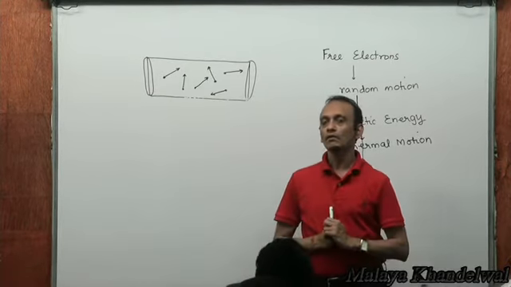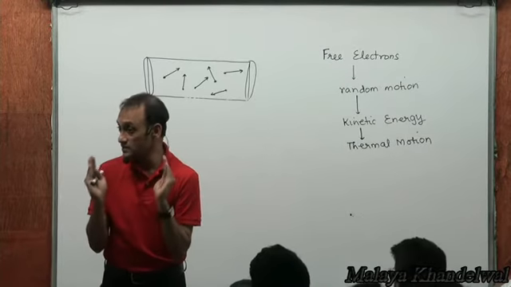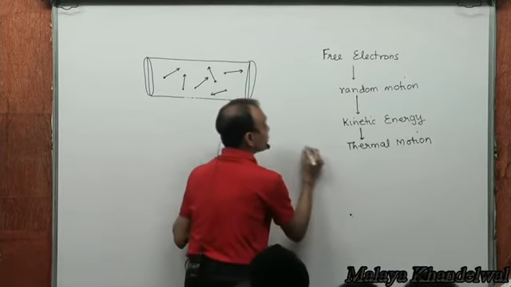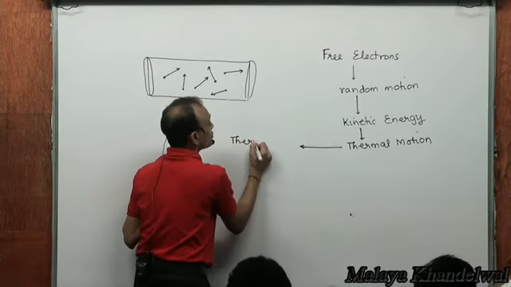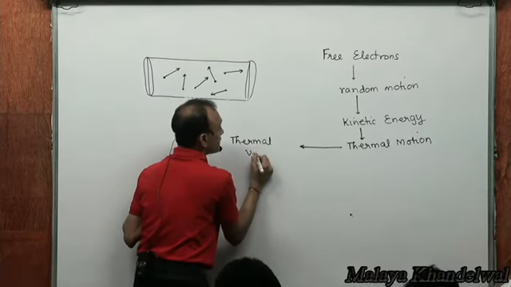The velocities that these electrons have because of thermal motion are what is referred to as thermal velocity.